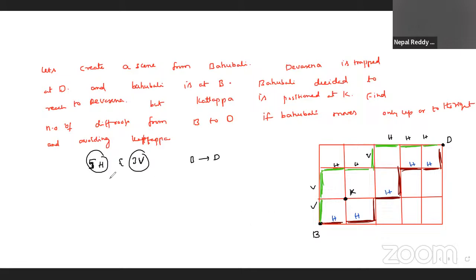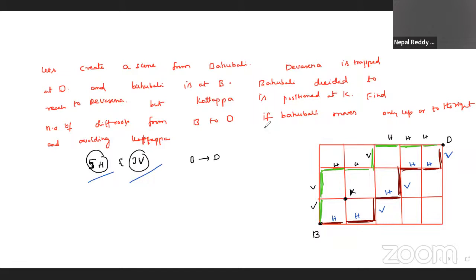Total how many horizontals? 5. Next, vertical. So there are 3 verticals and 5 horizontals. To reach Devasena, Bahubali needs to move 5 horizontal movements and 3 vertical movements.